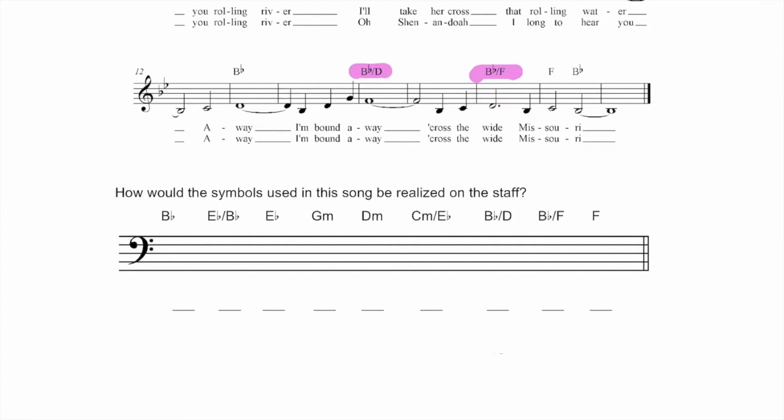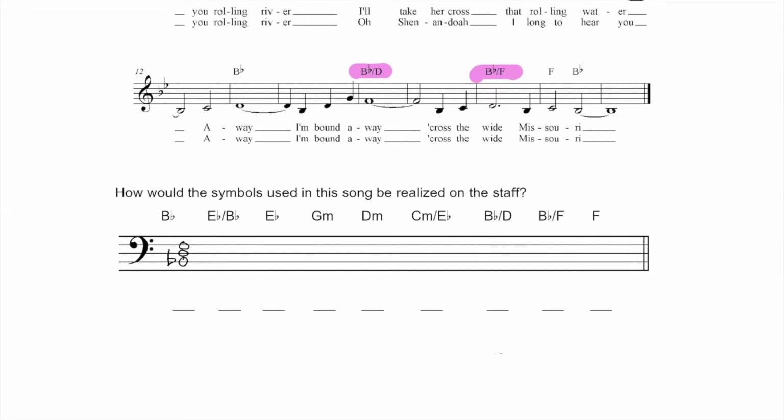Whenever there's not a modifier, we understand it to be a major triad. And since there's no slash notation, we know it is in root position, where the root of the chord, B flat, will be the lowest sounding note. So I write it like that. B flat, D, F. That's my major triad.